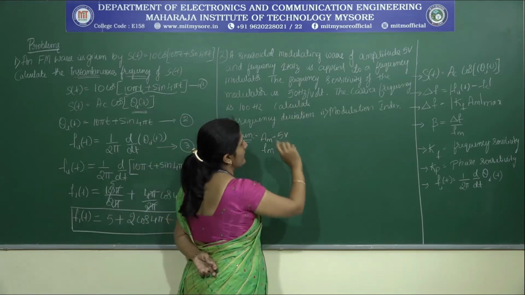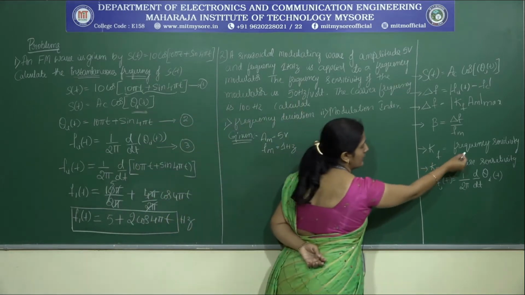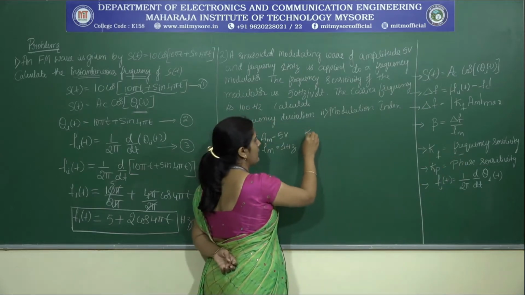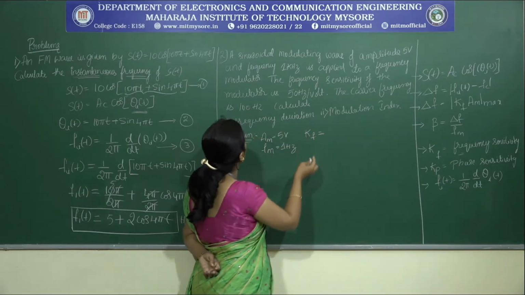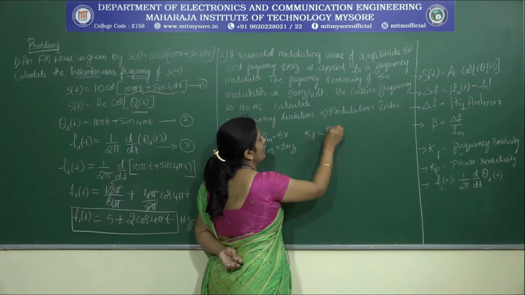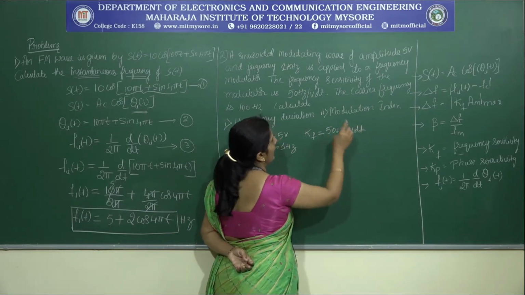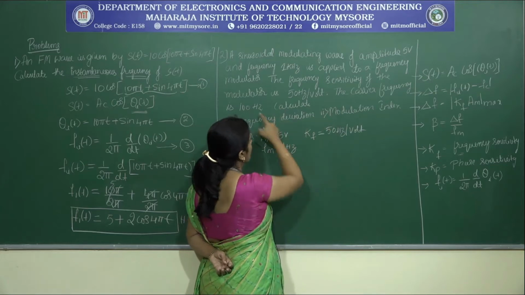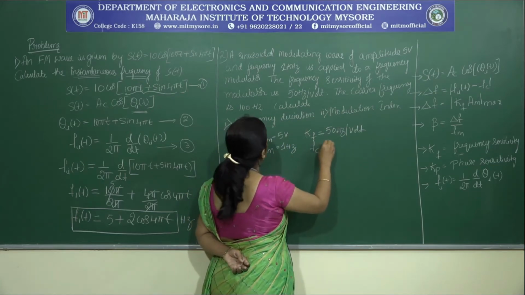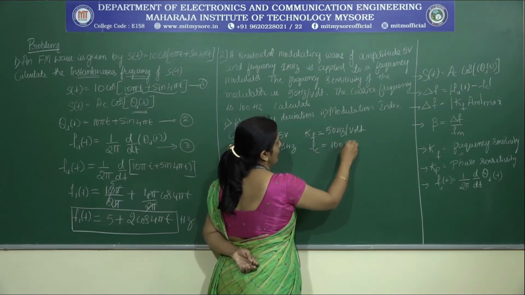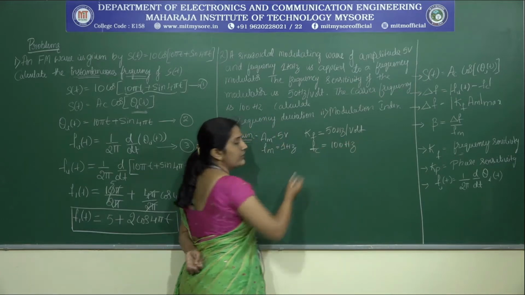The frequency sensitivity, that is KF, is equal to 50 hertz per volt and the carrier frequency that they have given is Fc equal to 100 hertz. So these are the given data.